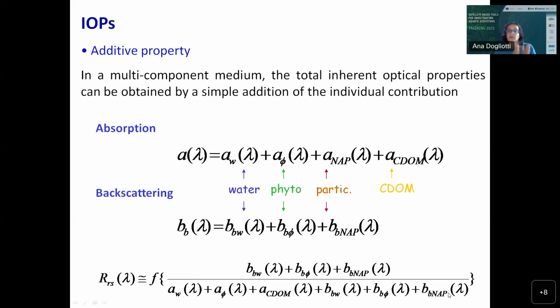So I will go through the four components, water, phytoplankton, non-algal particles, and CDOM, looking at what the absorption and backscattering spectra look like, which will give us the result of the reflectance.